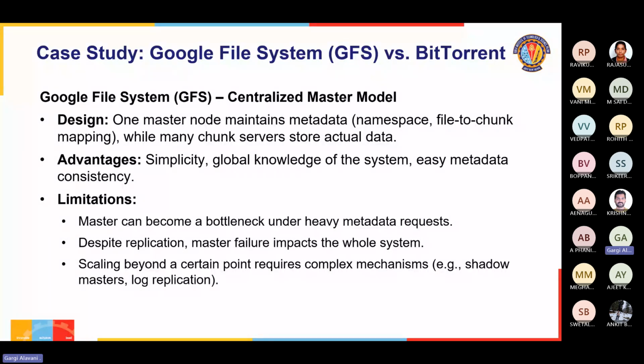Again, scaling beyond a certain point will require complex mechanisms. That is, we will need shadow masters and log replication, which obviously has to be done. Otherwise, the system will not be useful if the master node fails. So that is taken care of.